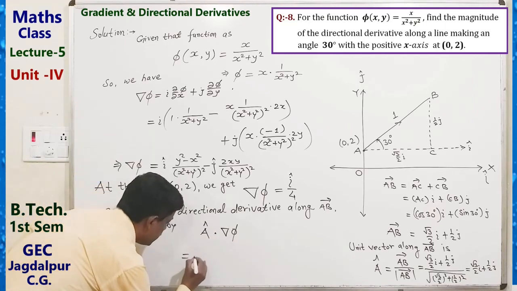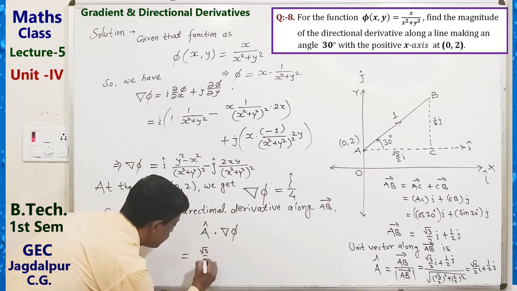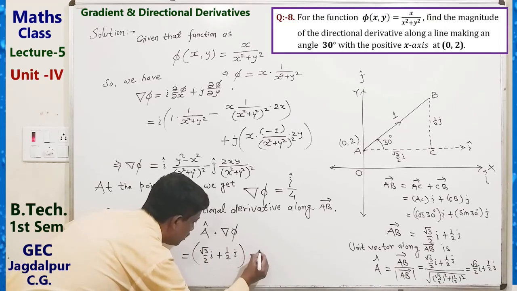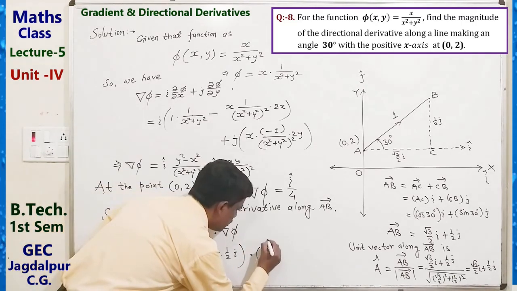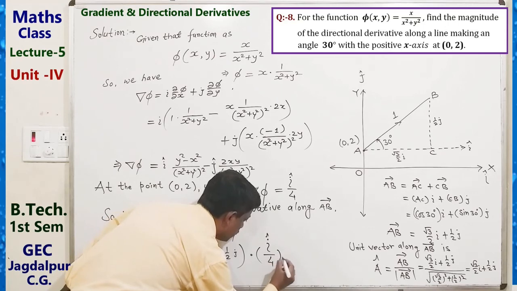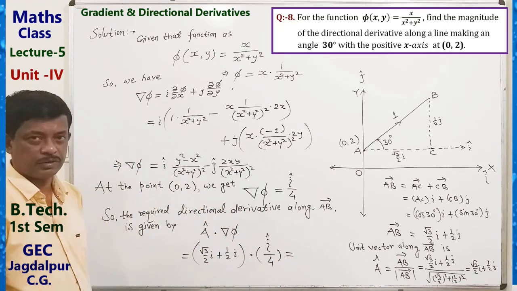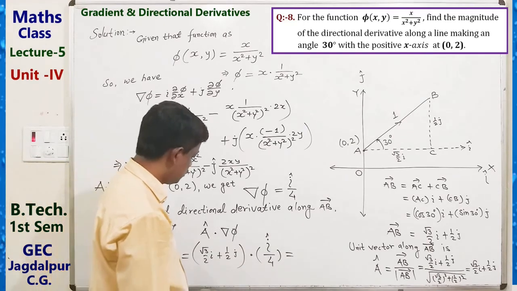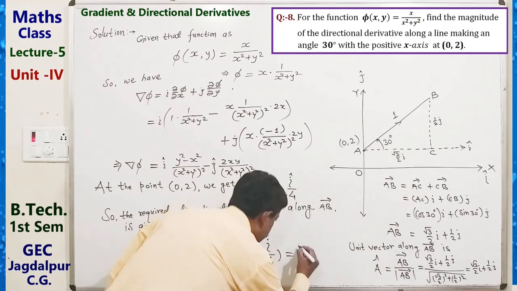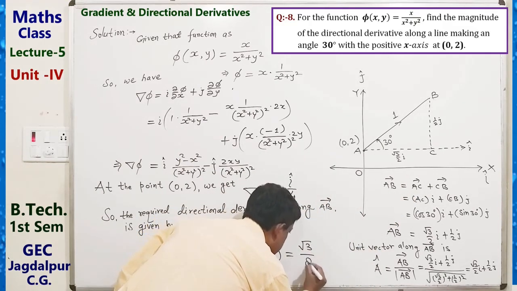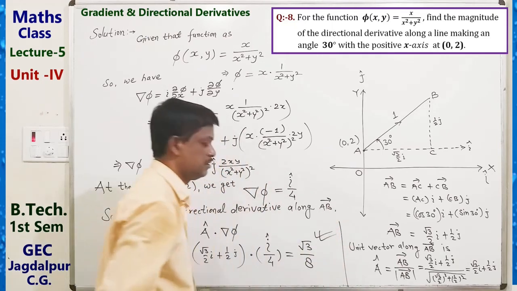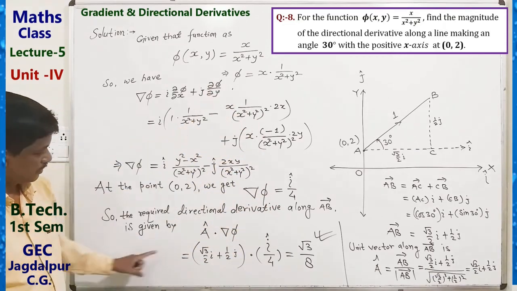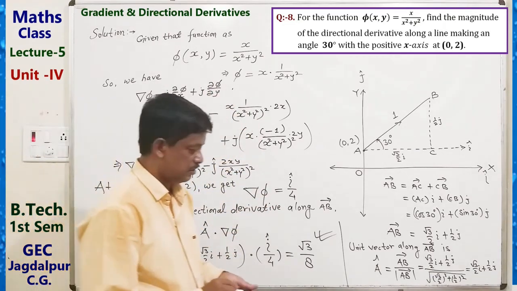Now A cap is root 3 by 2 I plus 1 by 2 J, dot del phi, which is I by 4. This equals root 3 by 8. Okay, this is our answer. The required directional derivative along AB, in this direction, is root 3 by 8.